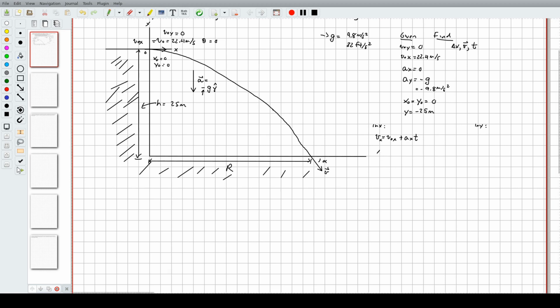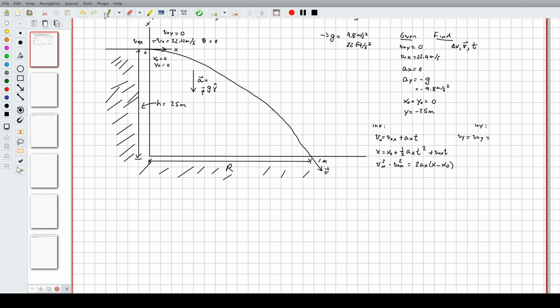I also have x is equal to x naught plus 1/2 ax t squared plus v naught x times t. I also have v x squared minus v naught x squared is equal to 2 times ax times x minus x naught.